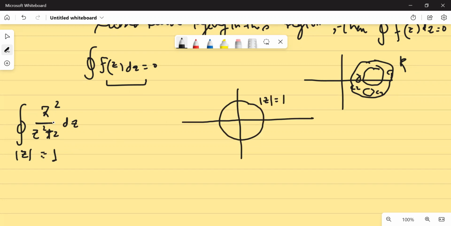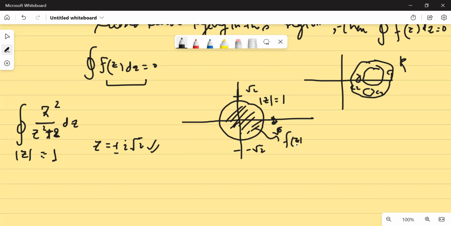And the function z square upon z square plus 2 dz, how to integrate it? So clearly first find what are the singularities. It is fairly easy to see that singularities will be either plus root over 2 or minus root over 2. Okay, these two are the singularities. And you can find that inside the unit circle, at every point, f(z) is analytic because the singularities lie outside the unit circle.